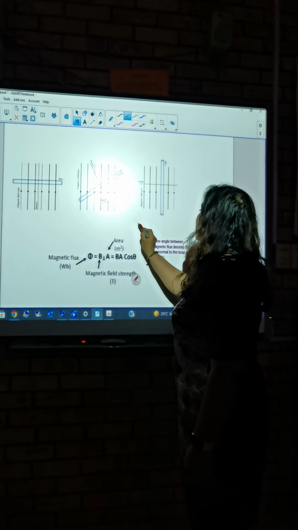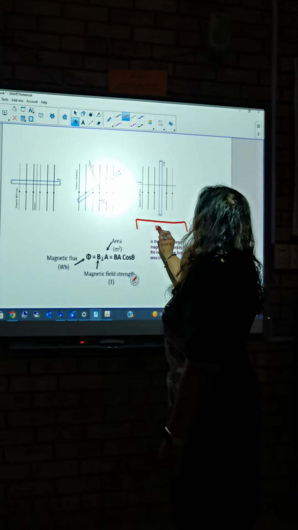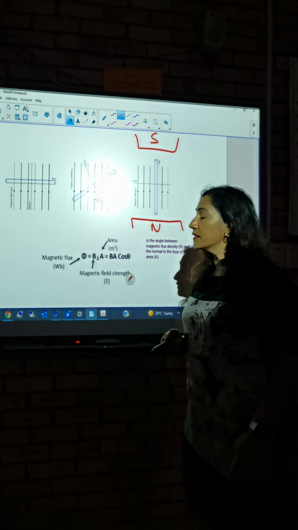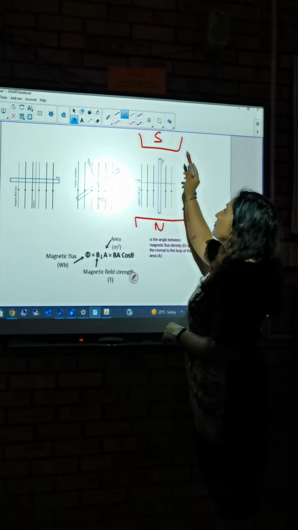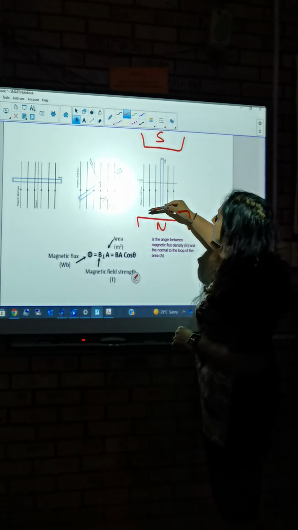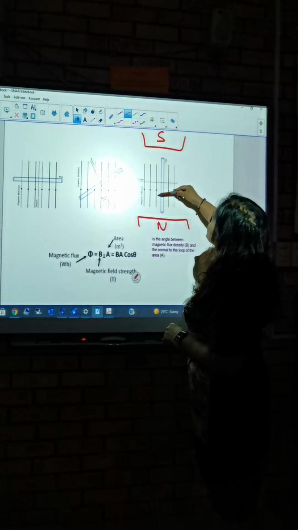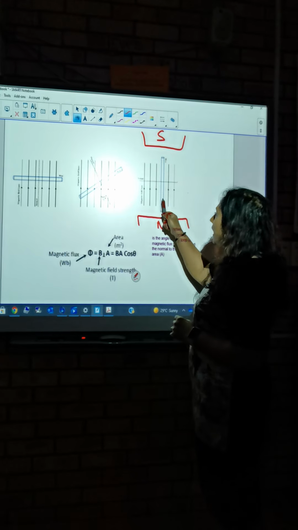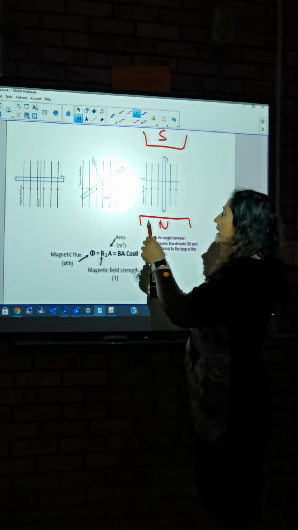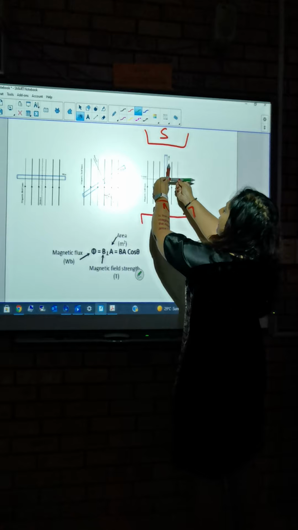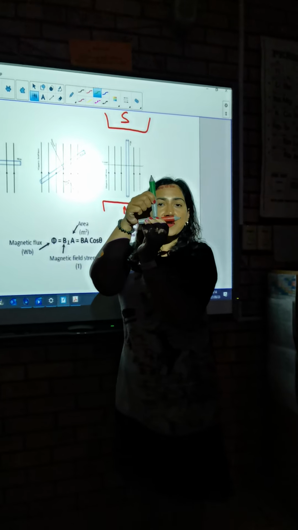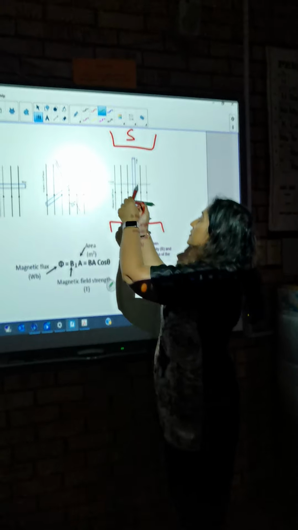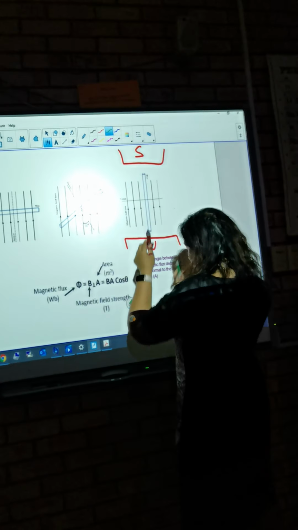So if I had, for example, this here as my north and this here as my south facing magnet, you can see the magnetic field lines are going straight like this, okay? And there is my conductor. The conductor has a normal. Remember, a normal is always perpendicular, okay?